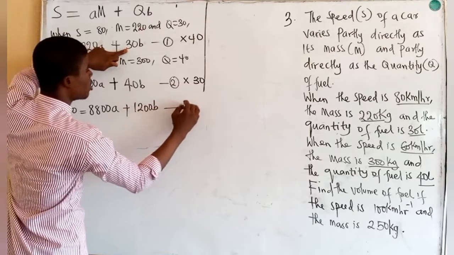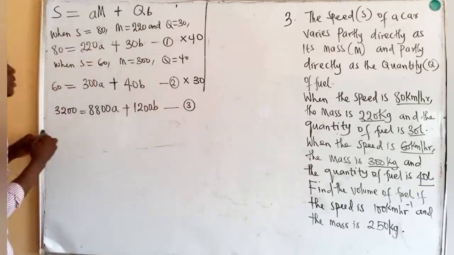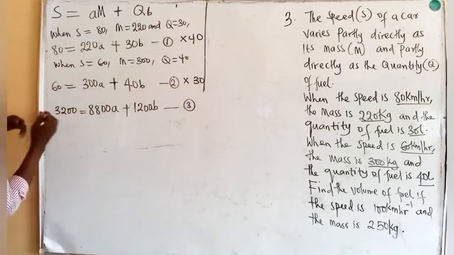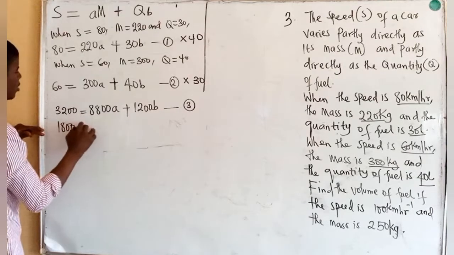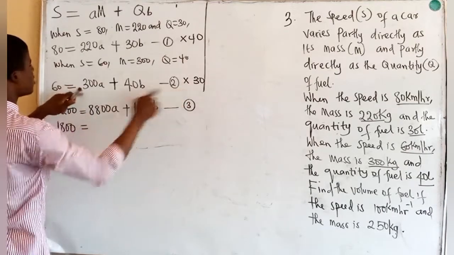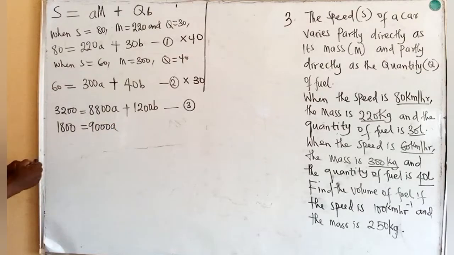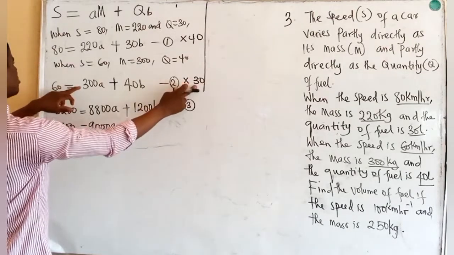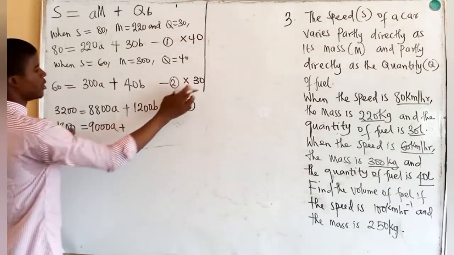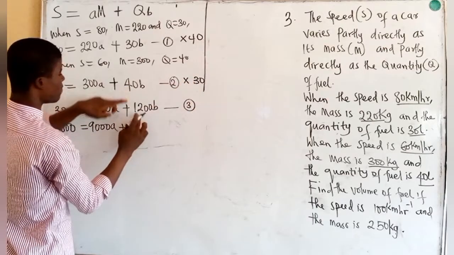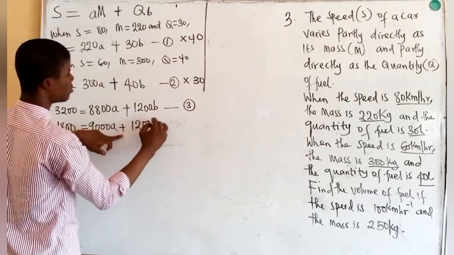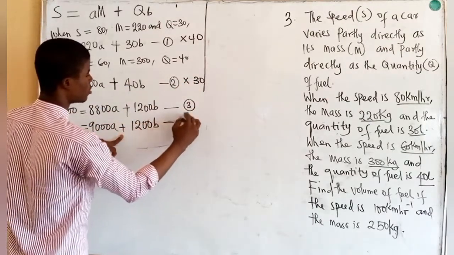Let's call this equation 3. Now 30 times 60 is 1800. Then 30 times 300 is 9000A, plus 30 times 40B, which gives me 1200B. Let's go to equation 4.